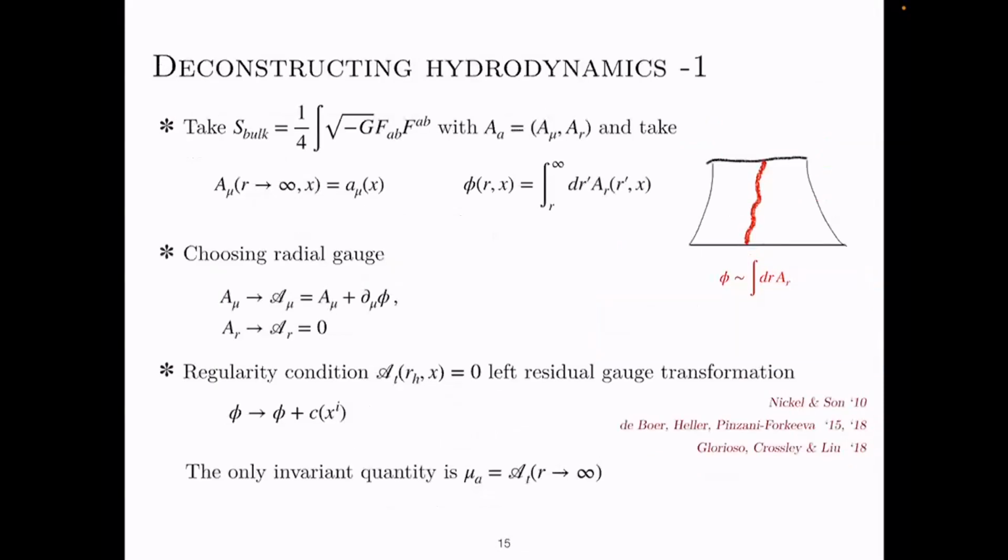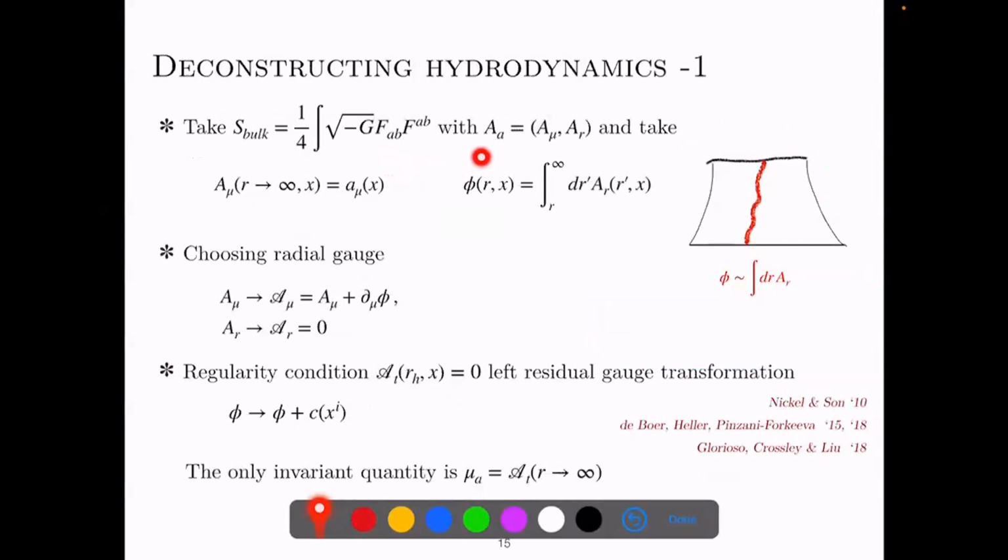Now you can try to get the same information from holography as well. For example, let's take the bulk to be the usual Maxwell field, and let me write it in terms of the boundary components and the radial component.